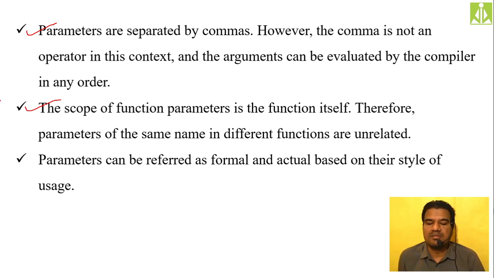Then parameters can be referred to as formal parameters as well as actual parameters based on their style of usage, where exactly you are using them, whether inside a function declaration, inside a function definition, or inside a function call. Based on their style of usage, they have been categorized into two: formal parameters and actual parameters.